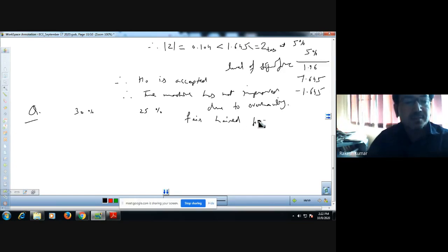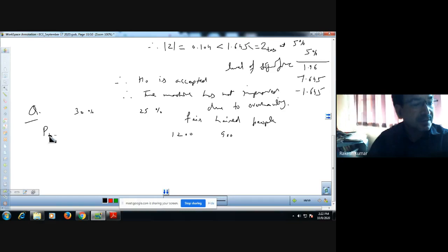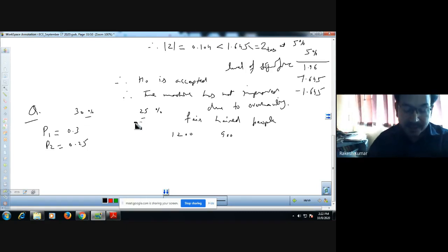Is this difference likely to be hidden in two samples of size 1200 and 900 respectively from the two proportions? So what is the first probability? That is 30%, meaning 0.3. What is the second probability? That is 25%, divide by 100, so 0.25.